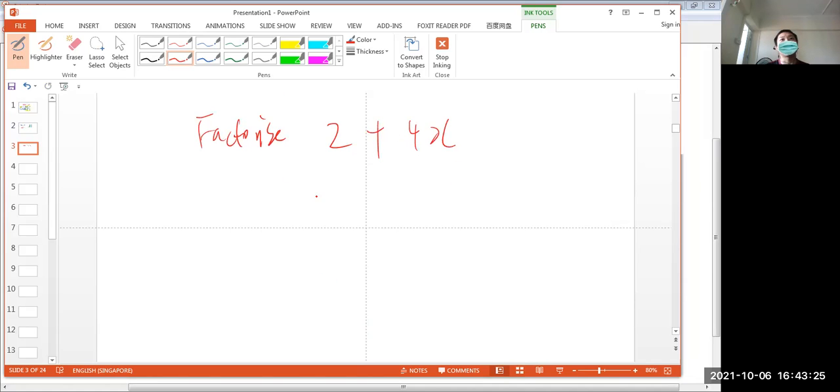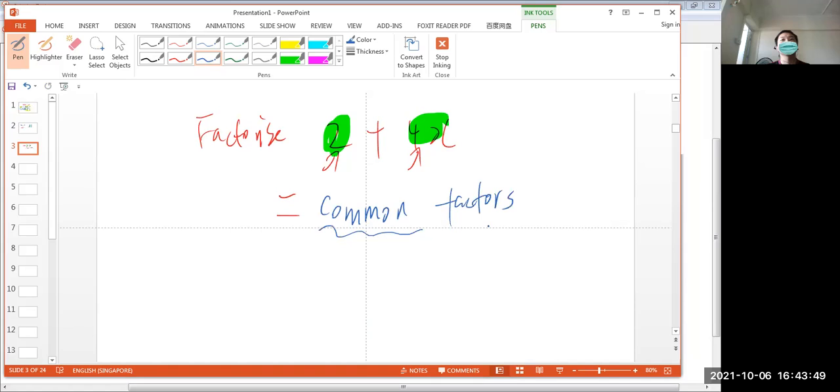The question you ask yourself is, what is the common factor between these two? So you have one term, and then you have another term, and what is the common factor among these two? So you need to look for the common factors. Okay, so any idea?